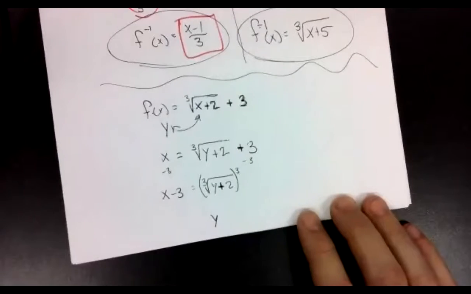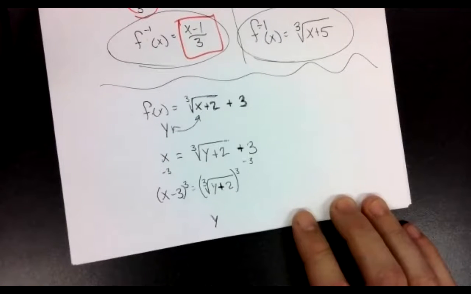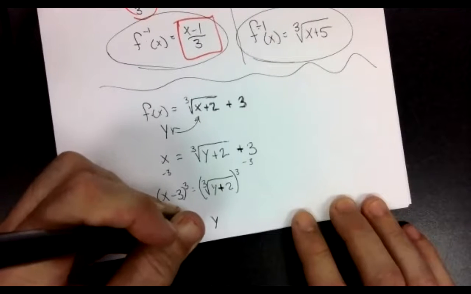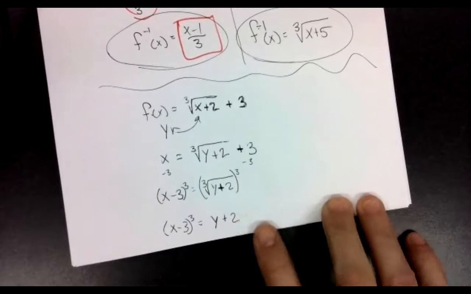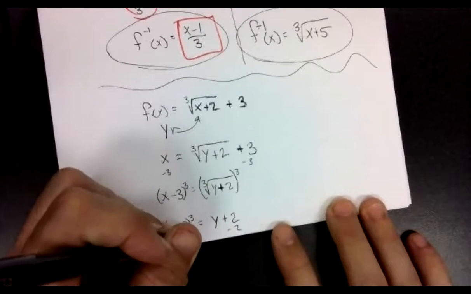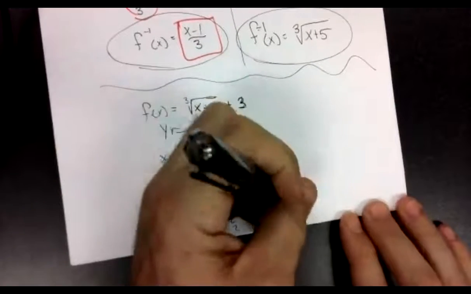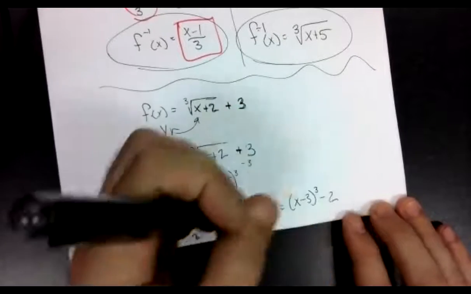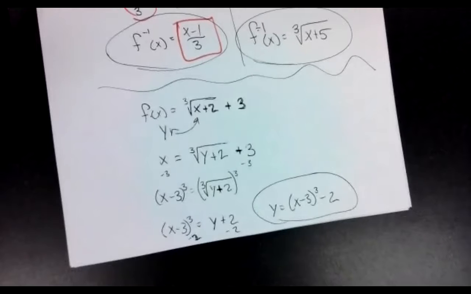So to get rid of the cube root, we're going to use the cubed power. And then to get rid of the plus 2, we would minus 2. And remember, you can't do anything inside of that parentheses. So when it's all said and done, y is going to equal x minus 3 quantity cubed minus 2. So this would be my inverse function.